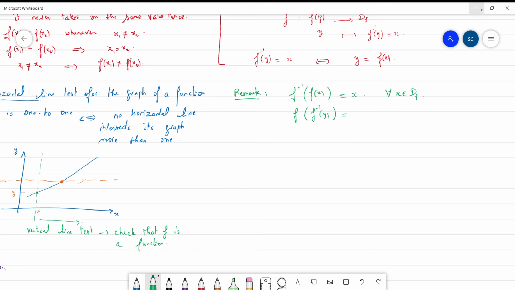You start from the relation y equals f of x. So f minus 1 of y is x and f of x is y. So we will get y, and this is for any y in the range.